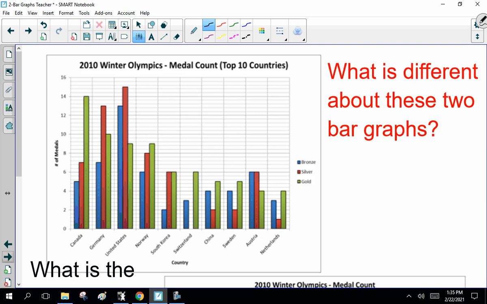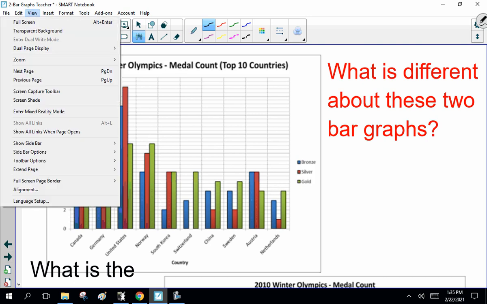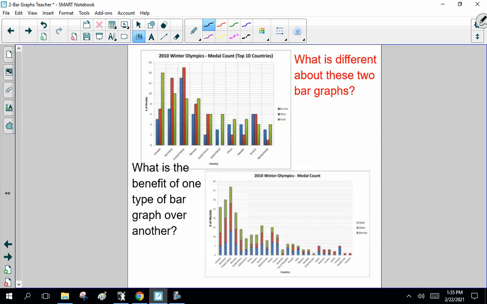Now, I want to point out here, we have 2 types of bar graphs. And what's the benefit of one type of bar graph over another? Well, remember these are stacked. And these top ones aren't.